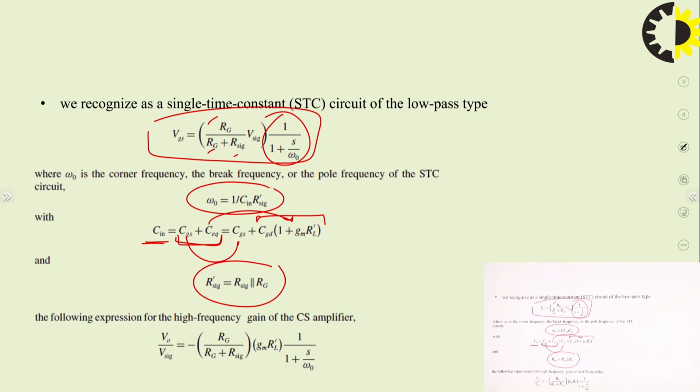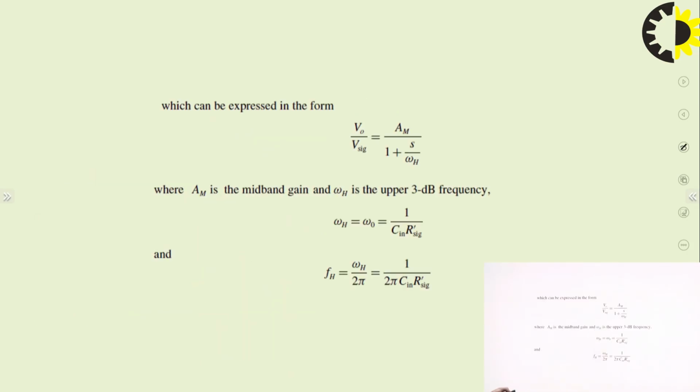Now you can write the expression for the high frequency gain, V naught upon V signal, equal to minus Rg upon Rg plus R signal into GM RL dash upon 1 plus S upon omega naught, where omega naught is 1 upon C in into R dash signal.